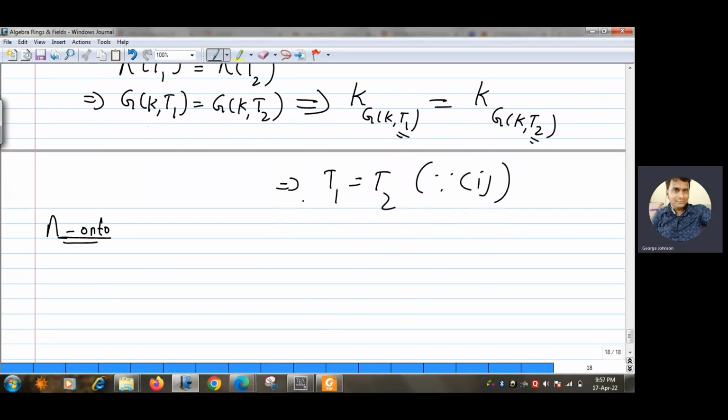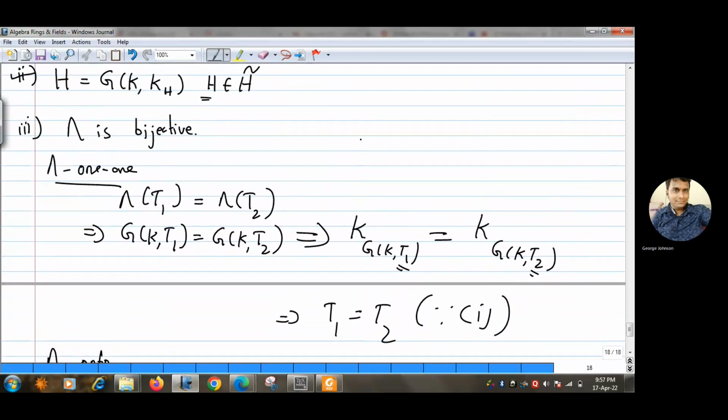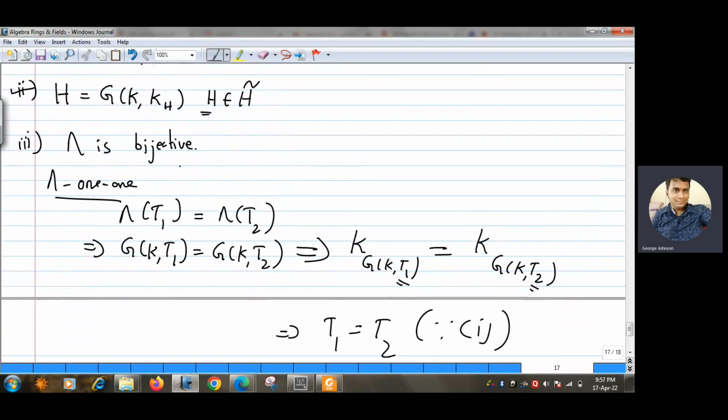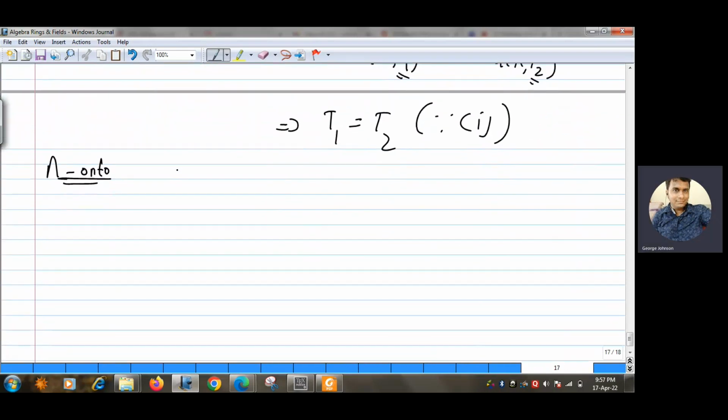That means I have to start with an element of h tilde, and I have to prove that there exists an element in f tilde whose image is this element. So let us start with an element, say H belongs to H tilde.